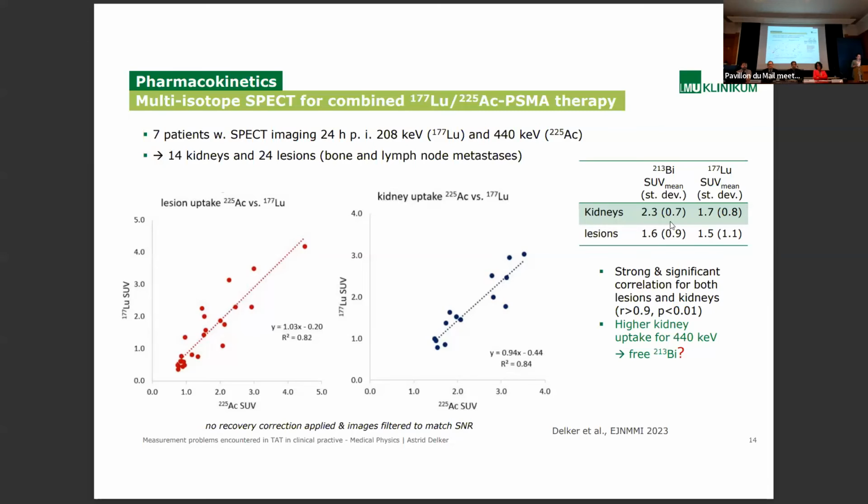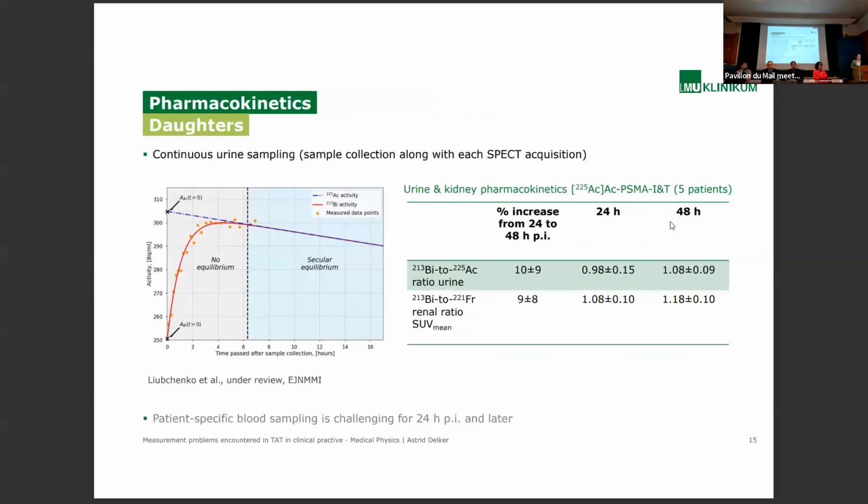We tried to validate that finding in a second patient cohort that received actinium treatment only. And for that patient cohort, we did 2 things. So we performed sequential actinium SPECT imaging at 24 and 48 hours post-injection. And along with each SPECT acquisition, we additionally collected urine samples.